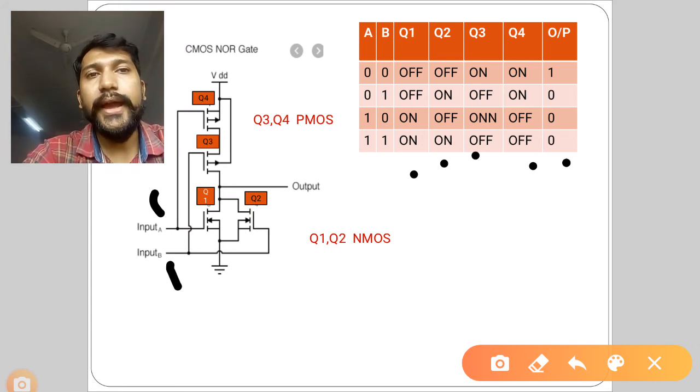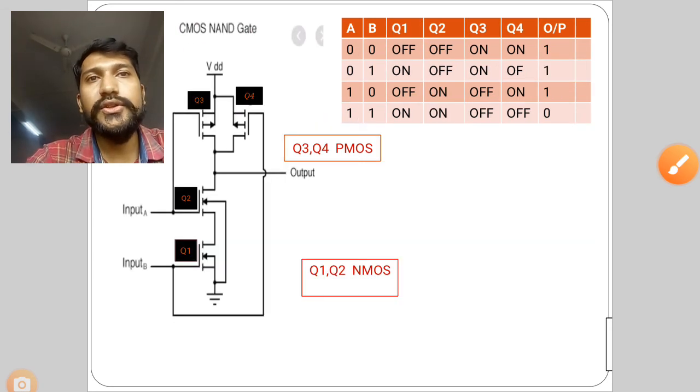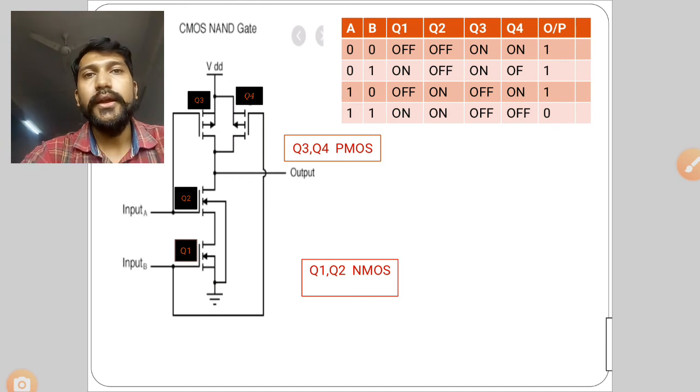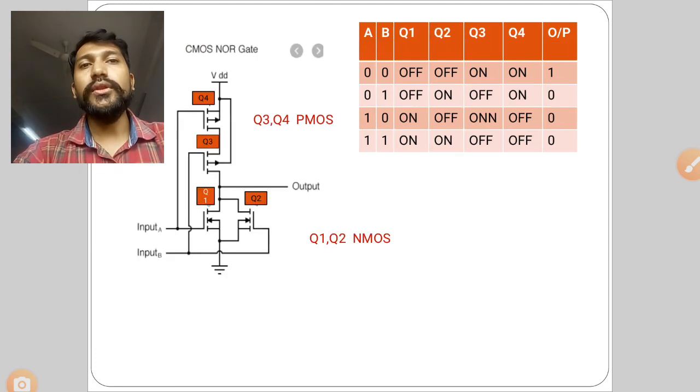So this is my diagram for the NOR gate and truth table. You can explain the same with this particular diagram. See, this is the CMOS NAND gate. Both upper Q3 and Q4 are in parallel, and the bottom ones, Q2 and Q1, are connected in series. So this is how in a particular CMOS NAND the upper are in parallel, and in CMOS NOR both are in series.